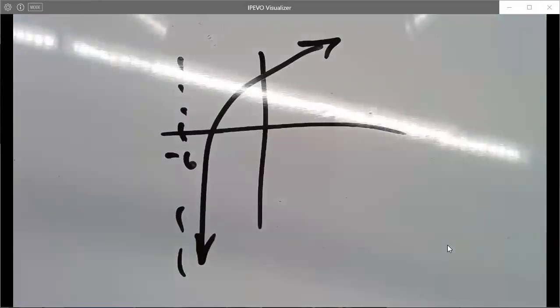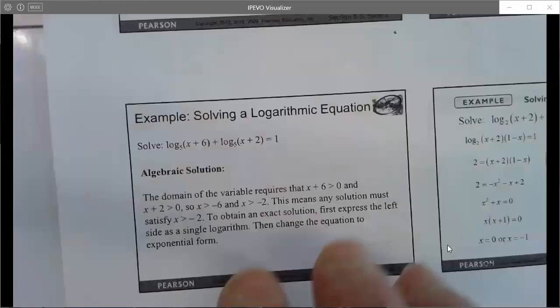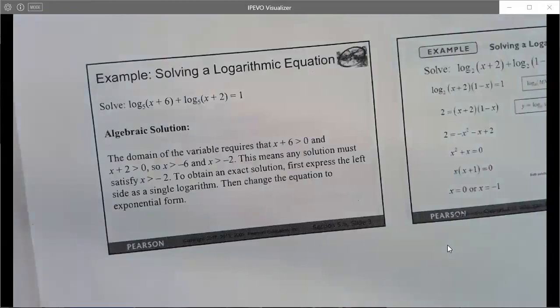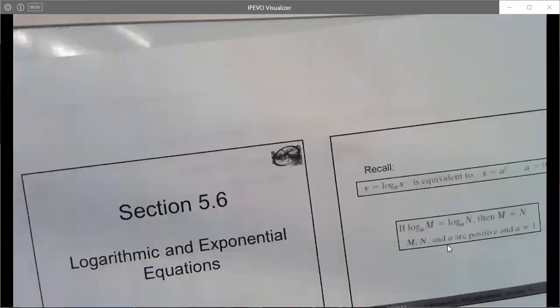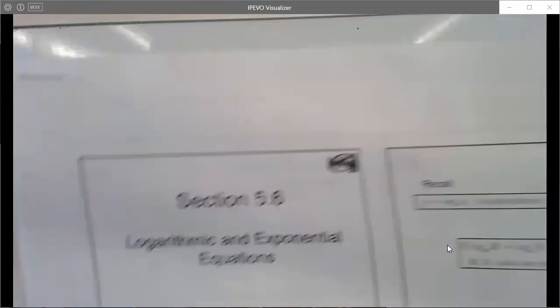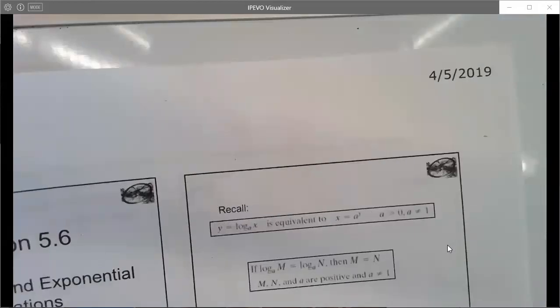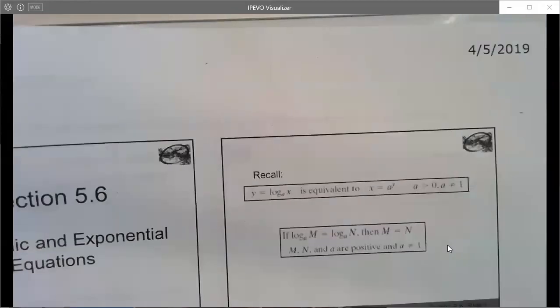So we use that to help us solve logarithmic equations, in that anything outside of the domain is not a solution. Okay, so let's take a look at some properties of logarithms.